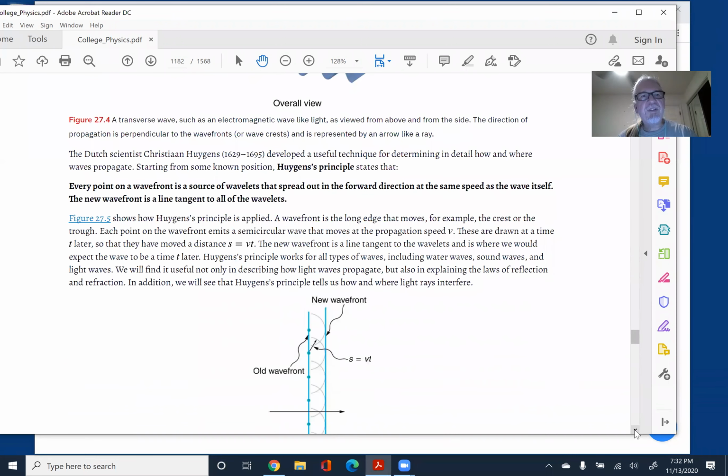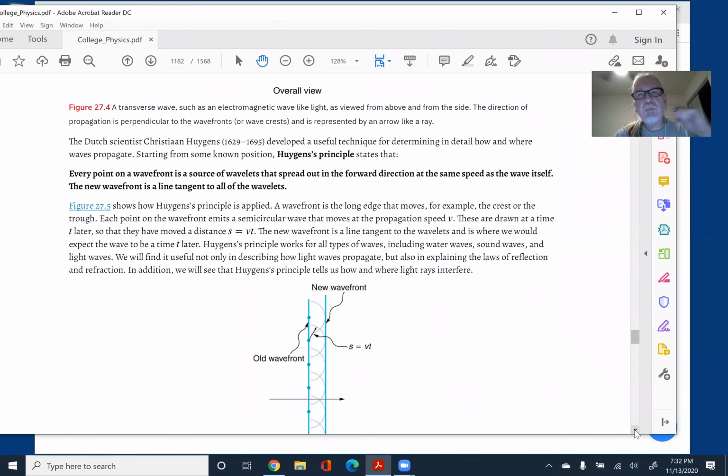Huygens principle, in fact, states that every point on a wavefront acts as a source of little waves that are typically circular or spherical that spread out in the direction in which the wave was going. And then after some time, t, you look at the tangents of those wavefronts, and you connect all those tangents, and they give you a new wavefront.